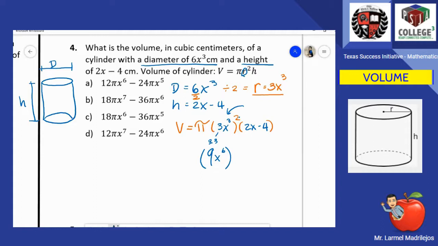Let me rewrite this. 2x minus 4 and pi there. If I multiply pi times this, just write 9 pi x to the 6 parentheses 2x minus 4.